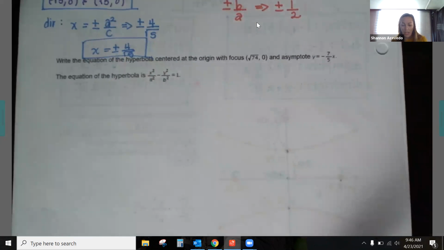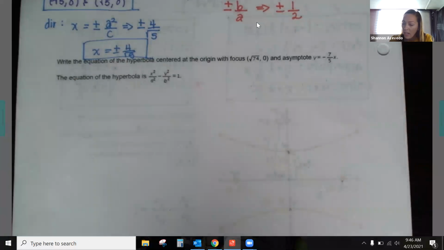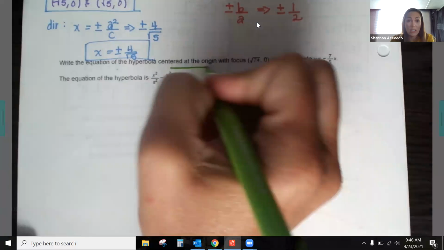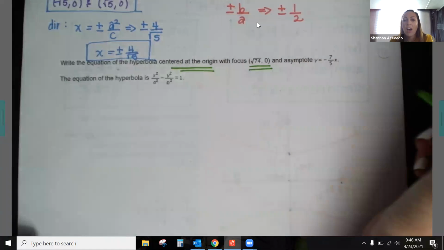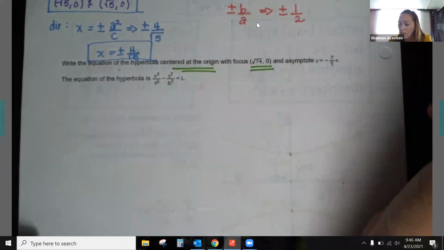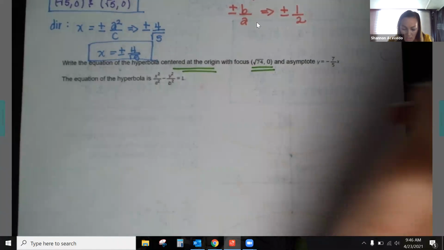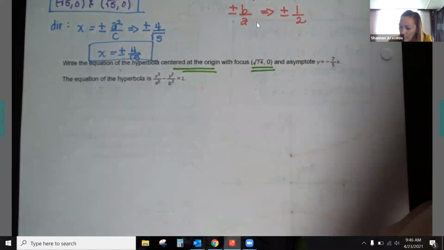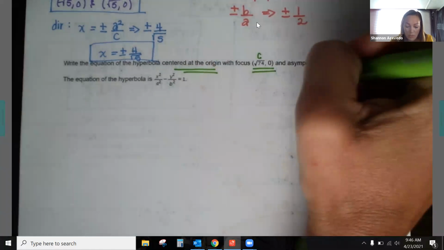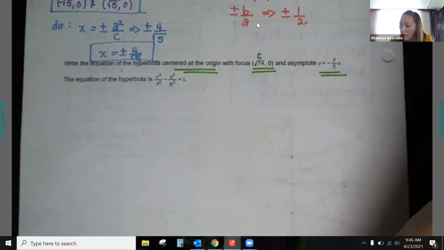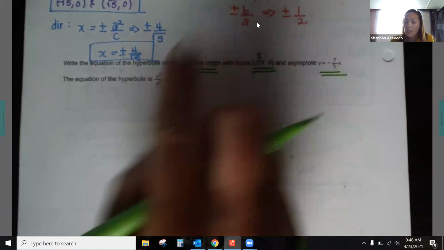So this one, they gave us the center at the origin. So that's the common theme for all of this right now. And we have a focus here, square root of 74 over 0. So remember, this is my c value here. I also have my asymptote. So when we talk about our asymptote here, here's my equation.